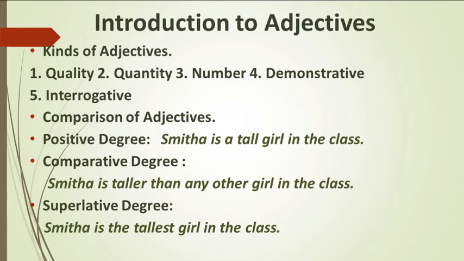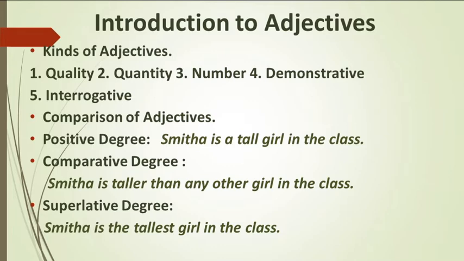Secondly, comparative degree. Example, Smita is taller than any other girl in the class. Here, the adjective taller tells us that the quality of tall of Smita, the girl, is compared with another girl in the class, where Smita has more of the quality.